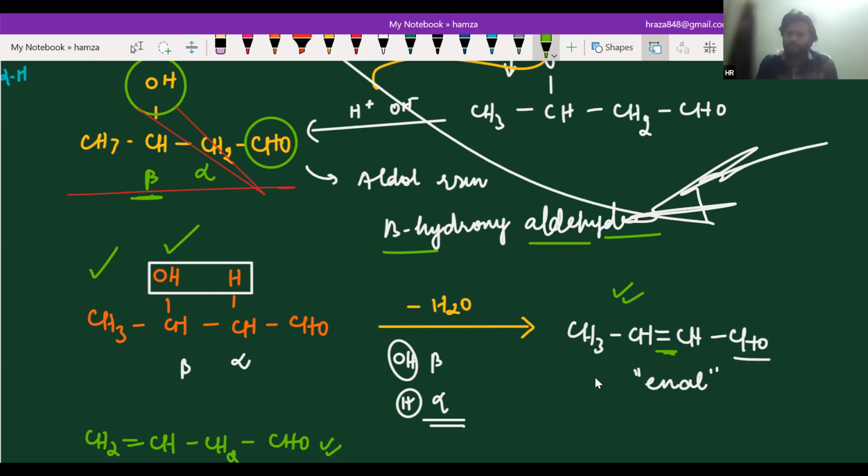So there are more reasons that this is stable, that means it is major. So always remove hydrogen from alpha, and we get OH on beta. So you will get removal of water, elimination of water, you will get this. Is that clear?